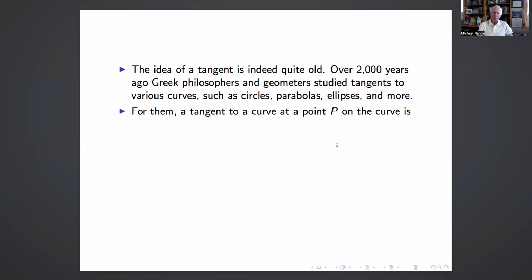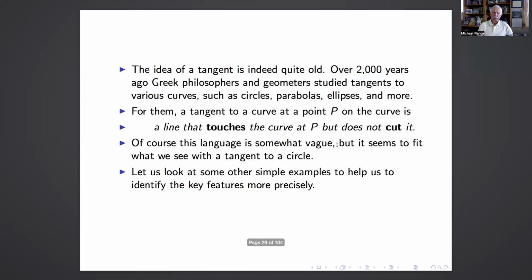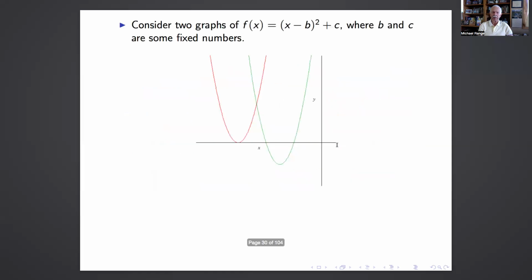For them, a tangent to a curve at a point P on the curve is a line that touches the curve but does not cut it. Certainly, this language is somewhat vague, but it seems to fit what we have seen with a tangent to a circle. Now, let us look at some other simple examples to help us to identify the key features more precisely.